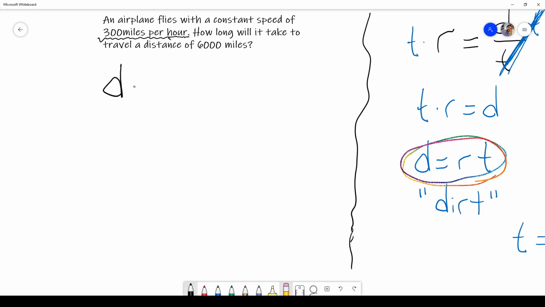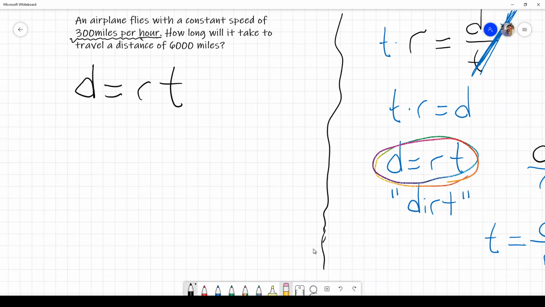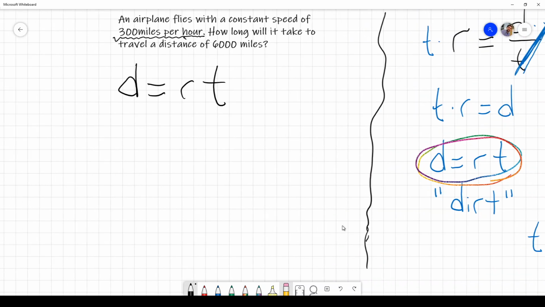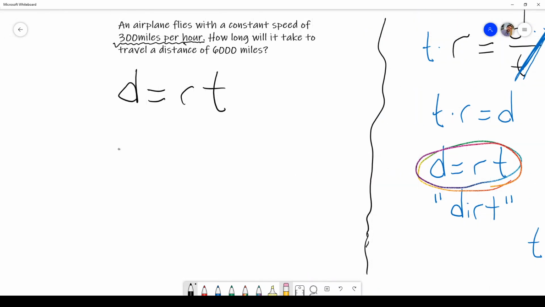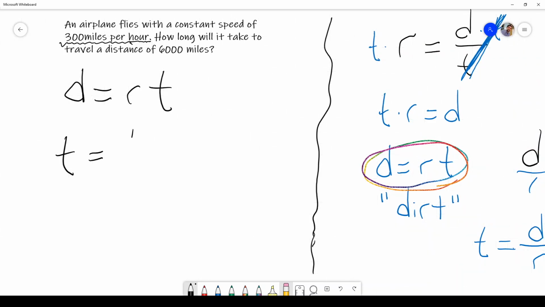I have D equals RT, and actually we're solving for time, aren't we? So we want T equals D over R. So from that D equals RT, I can just go, okay, T equals D over R.